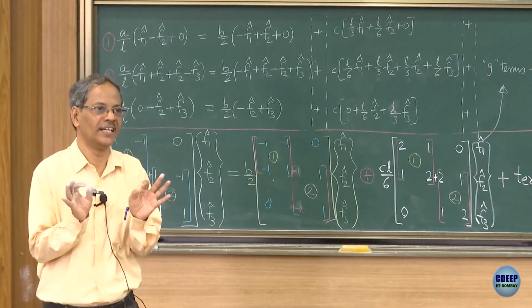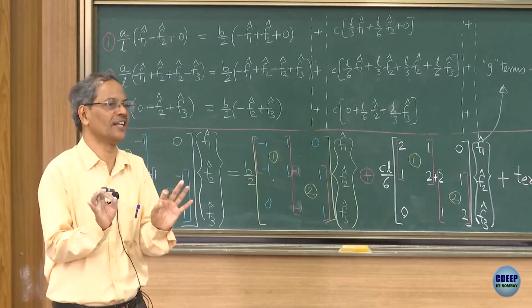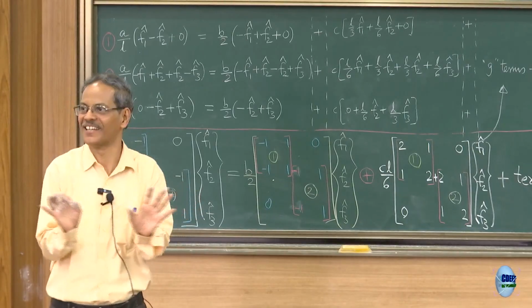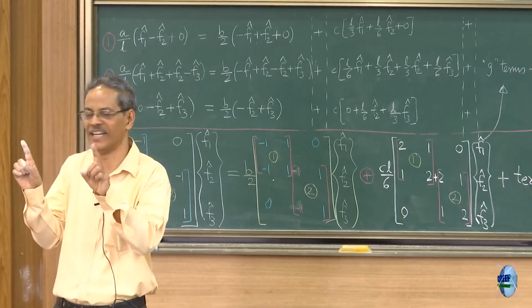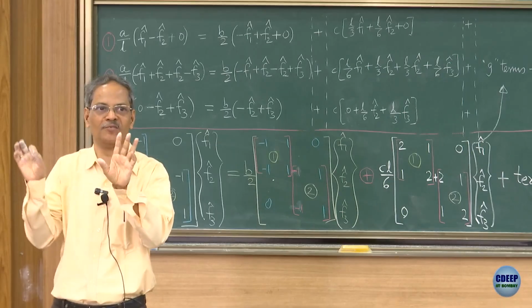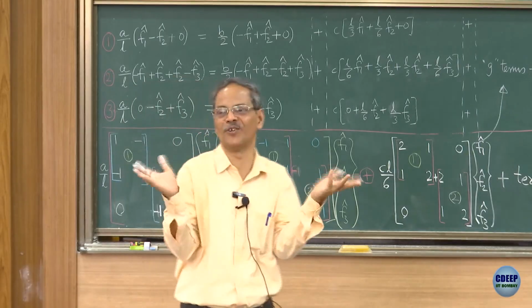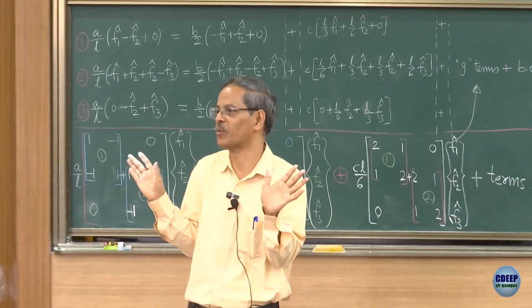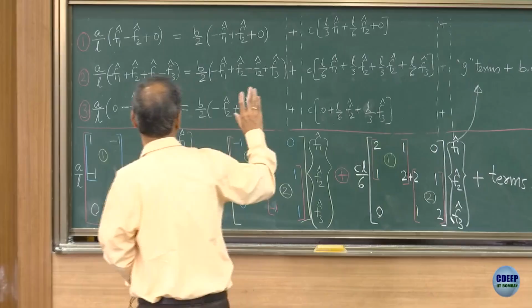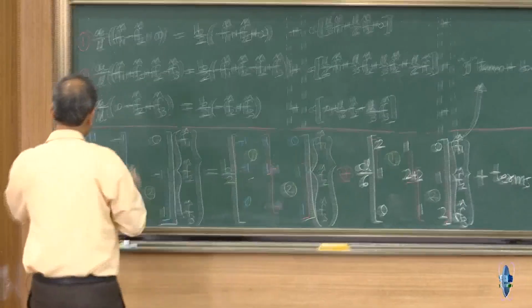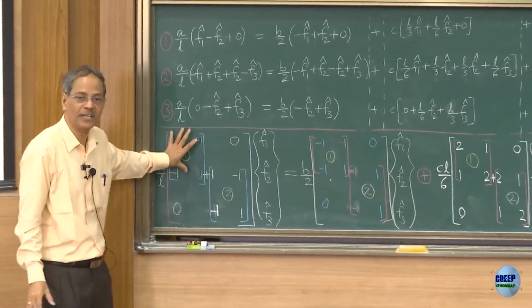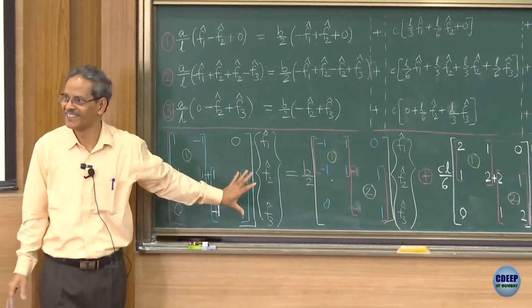I have formulated a linear one-dimensional element, correct? 2 nodes, any variable f1, f2. It could be temperature, displacement, fluid velocity, whatever be the physics of the problem. So the equations are going to be repetitive.